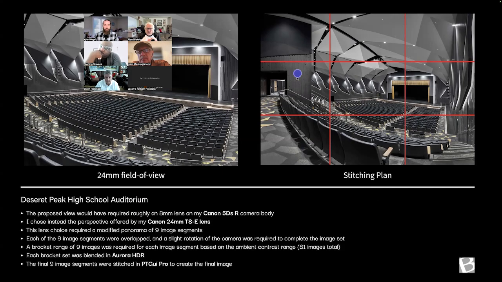And here, where it's got so many angular surfaces, it has a really easy time of finding control points. The nice thing about PTGui Pro is that you can designate the control points manually if you need to. But on this one, I did use a circular polarizer, but I had to adjust it between every shot.